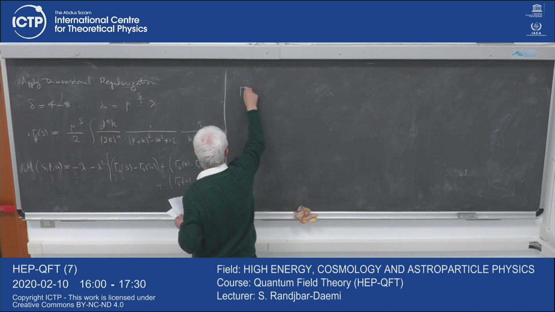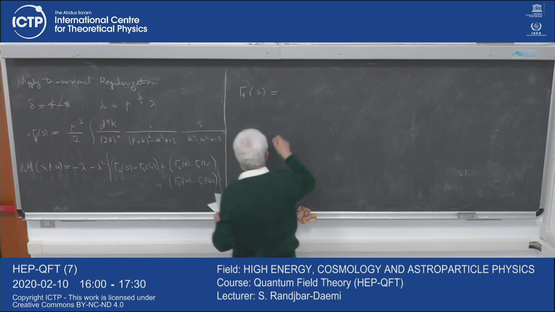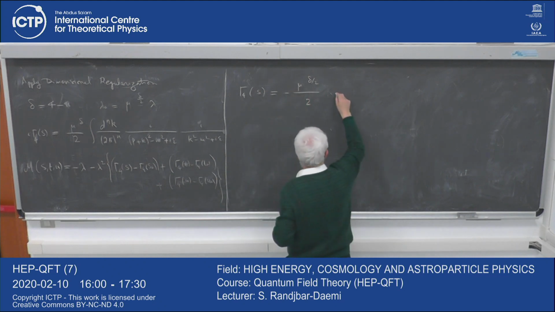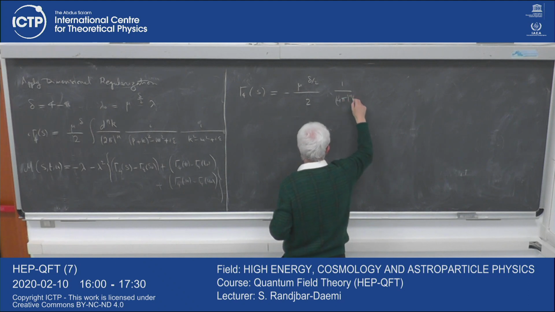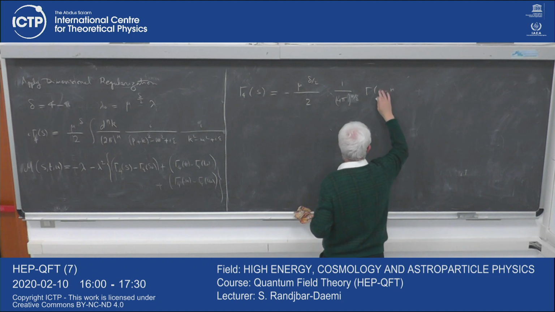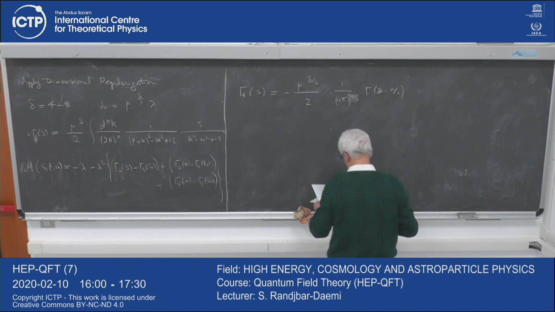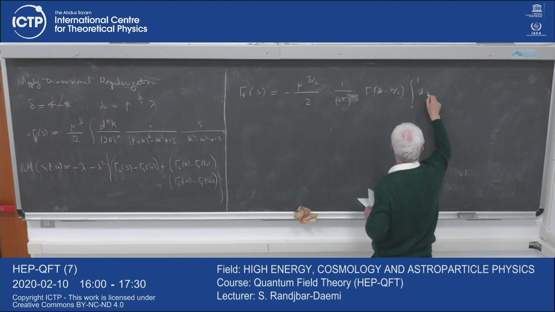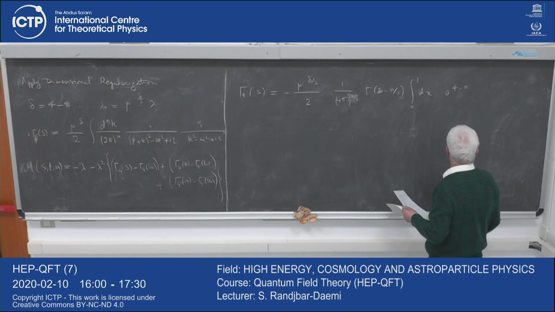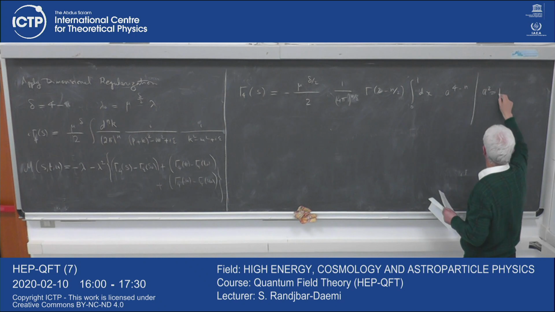You will discover that gamma for S equals minus mu to the power delta over 2, 1 over 4 pi to the n over 2, gamma of, as promised, 2 minus n over 2, times an integral from 0 to 1, the Feynman parameter x, of a to the power n over 2 minus 2, where we had defined a squared to be p squared minus m squared minus p squared x times 1 minus x. This p squared is s.